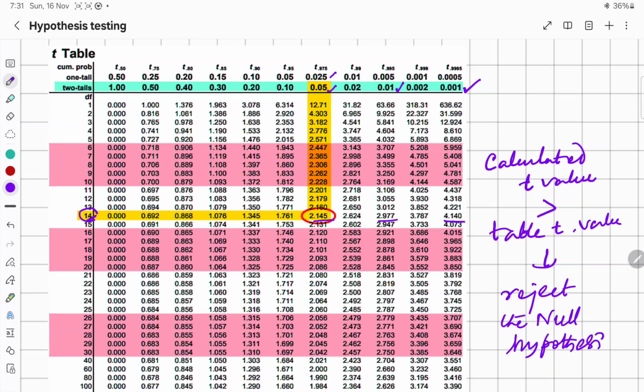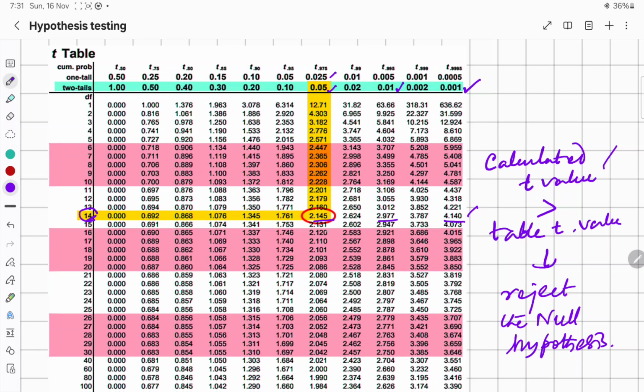So if the table t value is 2.5, that means the level of significance is only p less than 0.05. Suppose the calculated t value is 4.5, then it is highly significant. We can say that p is less than 0.001.